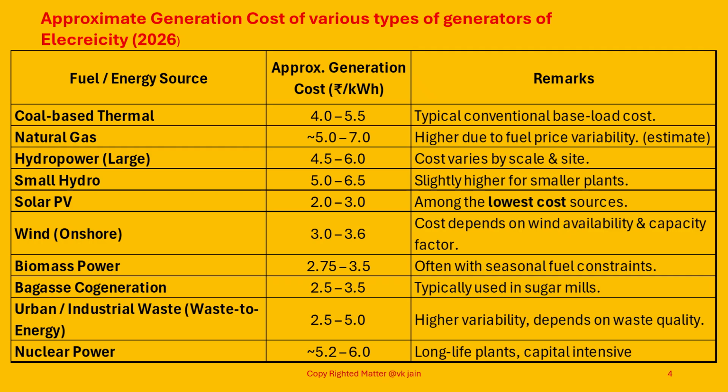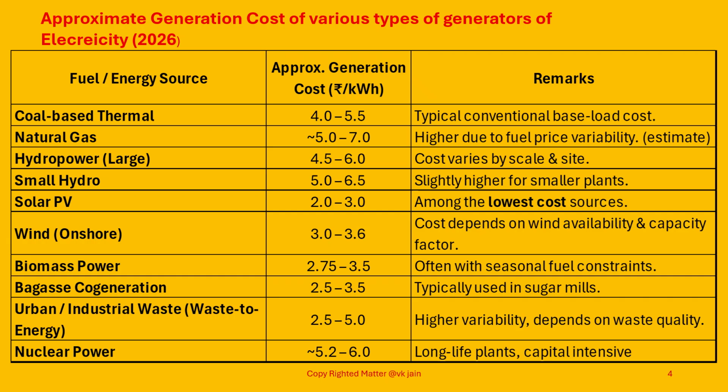They are currently costing 4 to 5.5 rupee per kilowatt hour, and these are the currently conventional base load cost given here. Second one is natural gas type. The cost is a little higher, approximately rupees 5 to 7. This higher cost is due to fuel price variability.